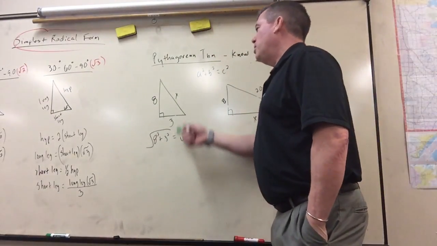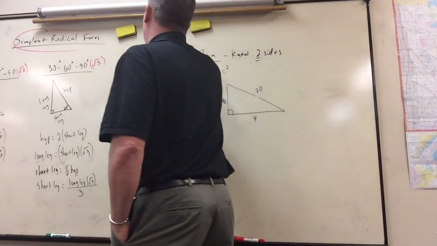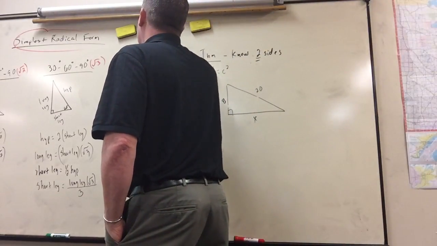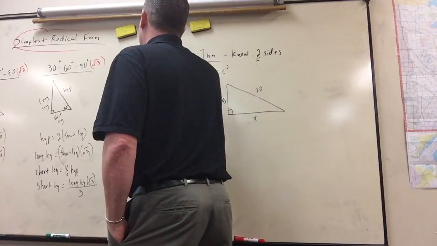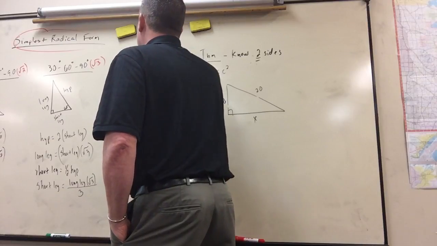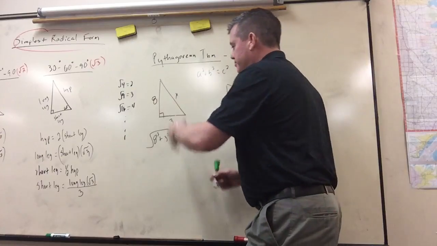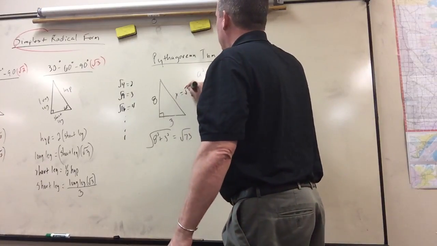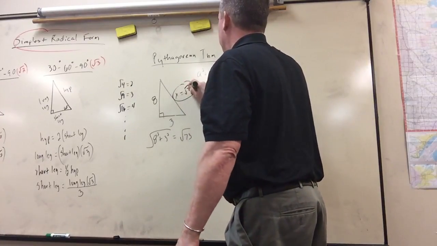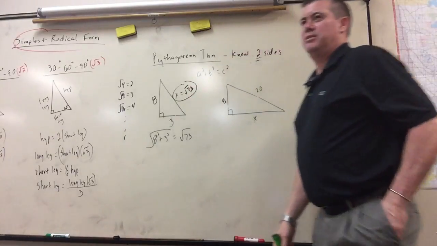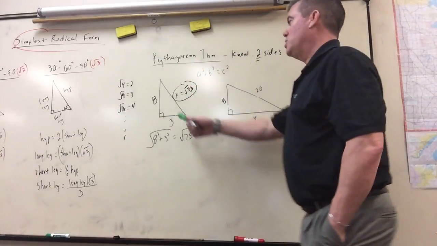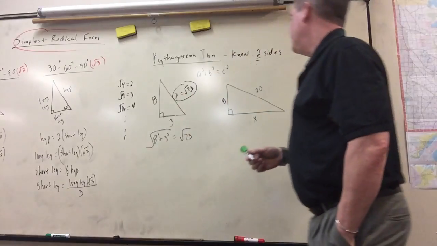No. Remember, it's if the perfect squares go into it, square root of 4, square root of 9, and so on. If any of these numbers go into here, it's not simplified. But nothing will happen there, so you just leave it square root of 73, because no perfect squares go into 73.